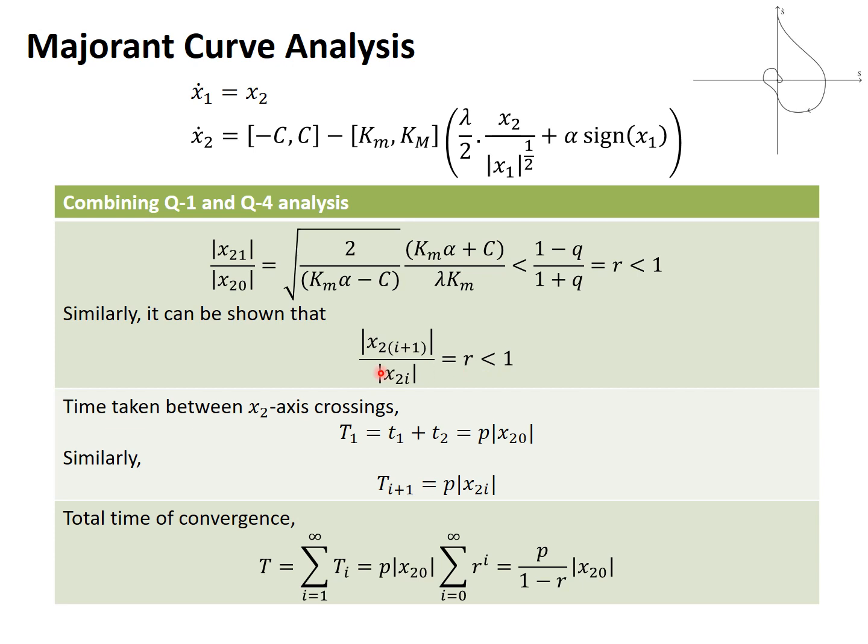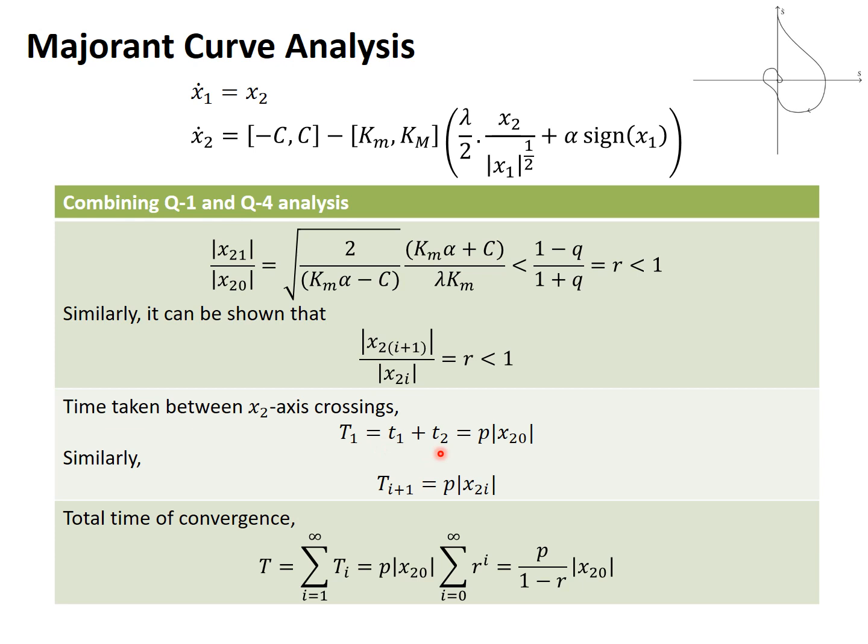However, an infinite number of steps are required to converge, because this is only decreasing every time by a fixed ratio. However, we will see that the total time of convergence is finite, as we have seen in twisting, with the same approach. So, now we have to see the time taken between two successive x2 axis crossings. We have already figured those out, T1 and T2, both in terms of x20.